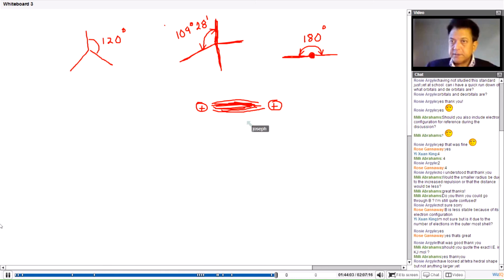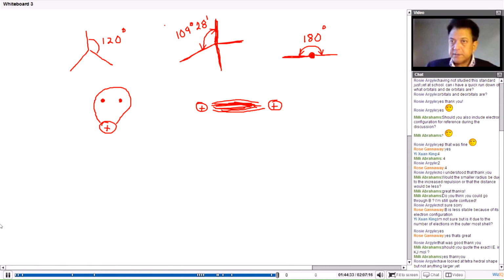It's sort of like having a balloon that 2 people are grabbing at. It won't be as fat in the middle, it'll be elongated and close to the axis between the 2. But on the other hand, a non-bonding electron pair, let's say that belongs to this particular atom that I'm drawing with a positive charge, will only be drawn to 1 nucleus, so it's going to be puffier, a bit like the head of an octopus.